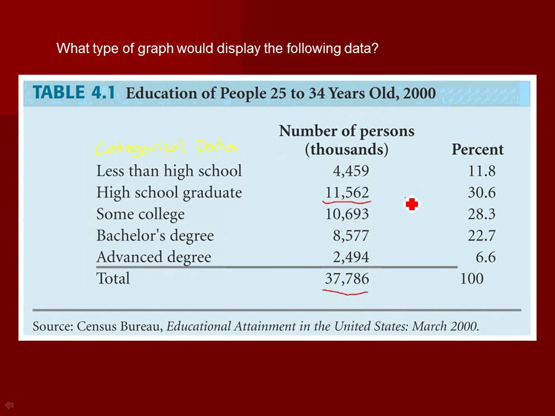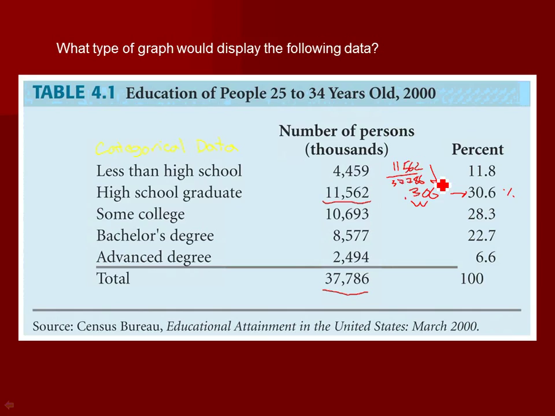You would get an answer on your calculator of 0.306, but then you move the decimal place over twice, and that becomes 30.6%. Okay? 11.562 divided by 37.786. Okay? That's how we calculate a percent.